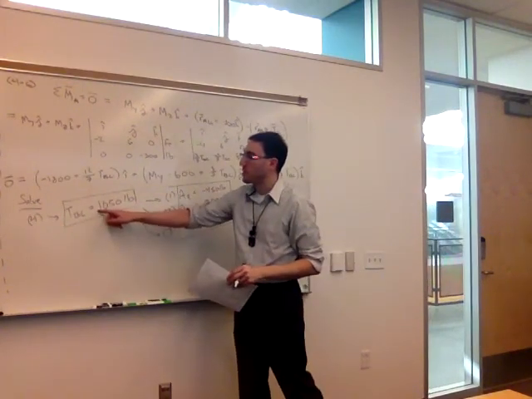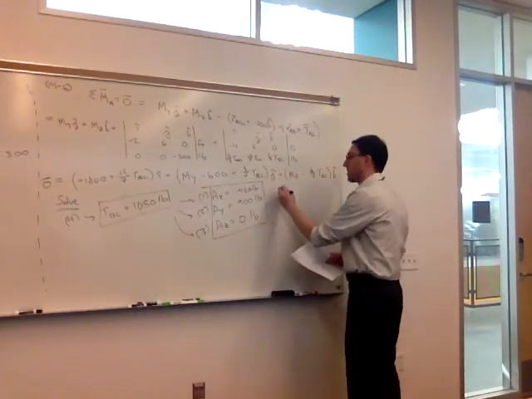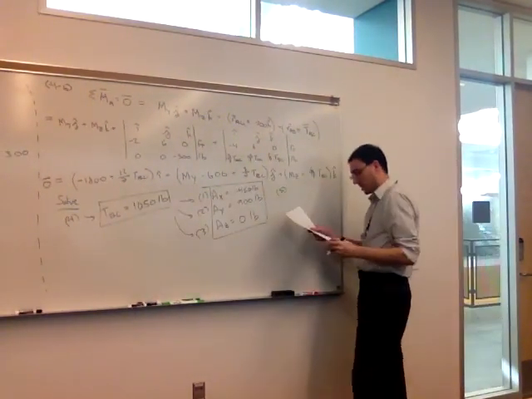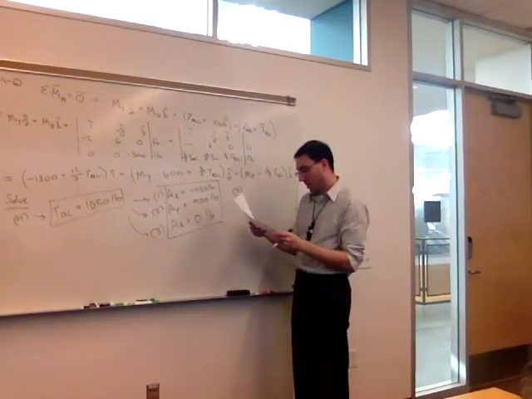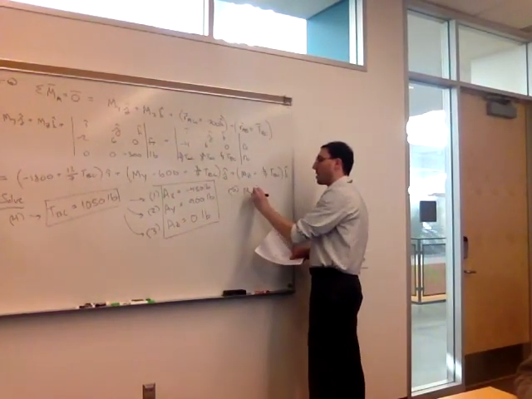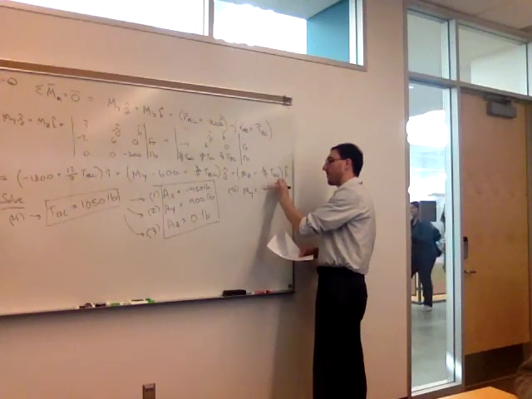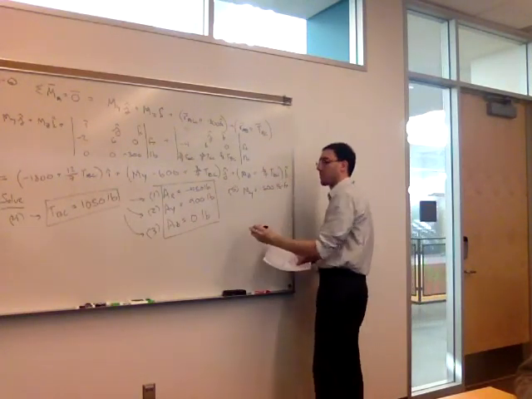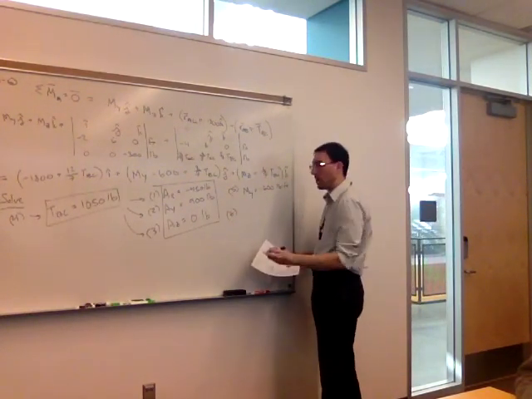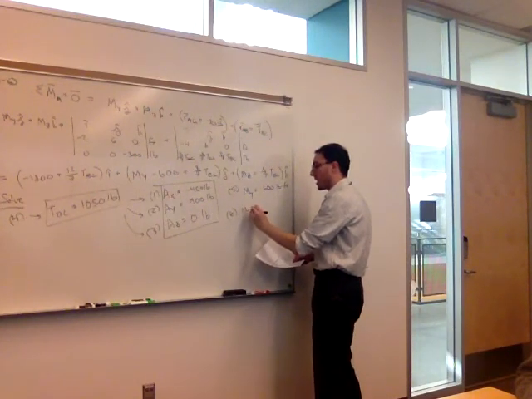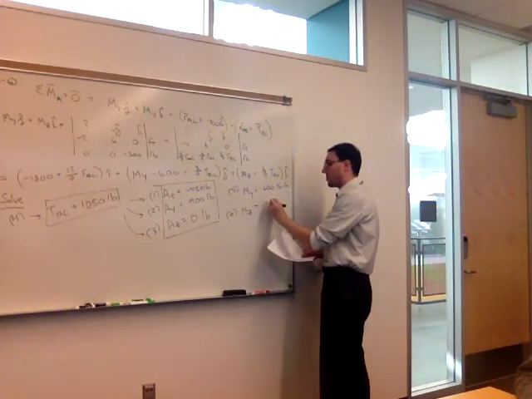We can then put this result into equation 5 and 6. So putting it into equation 5, we're going to get that My is negative 600 pound-feet. And if we put it into equation 6, Mz is negative 900 pound-feet.